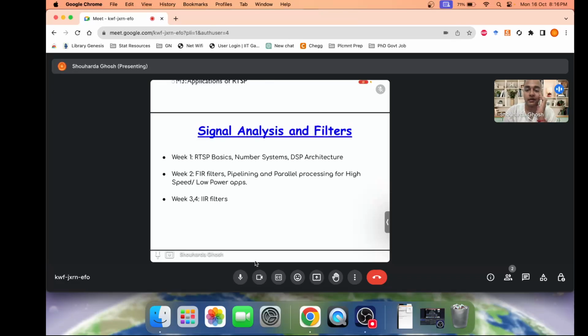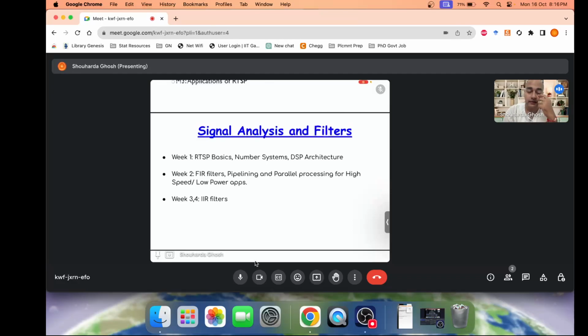He covered FIR filters, the basics, then the concepts of pipelining and parallel processing for high speed as well as low power applications, what is cut set timing, how you can use pipelines to increase the speed of your filter, where to insert a pipeline, where not to, and how you can modify the structure of your filters in order to have lower power.